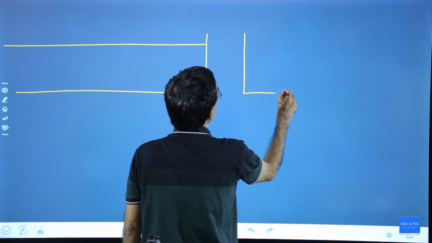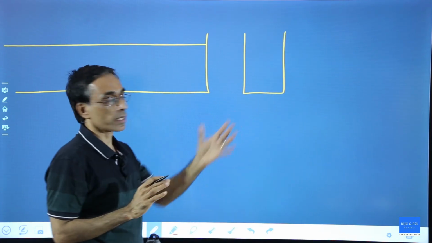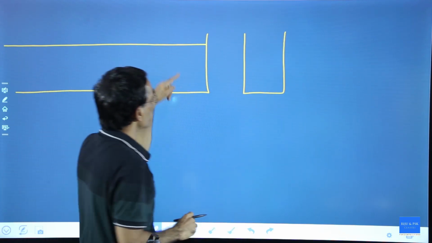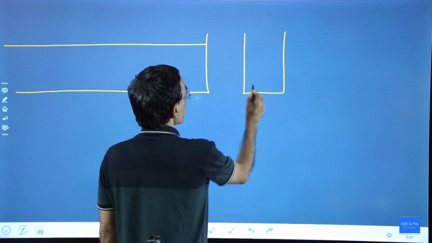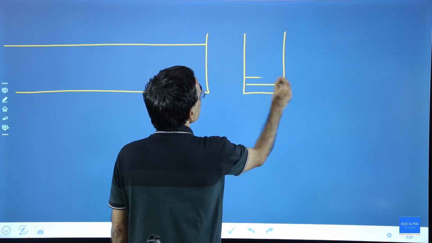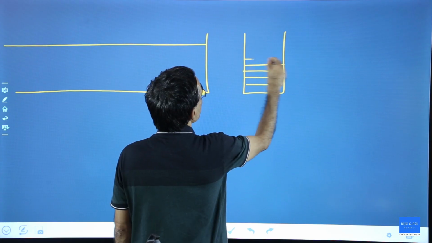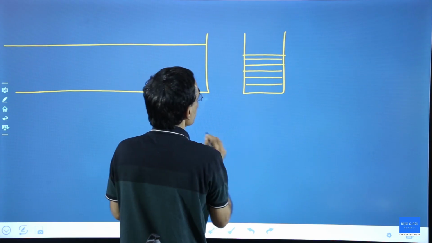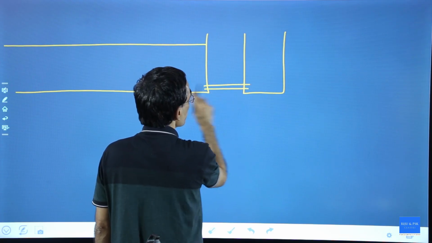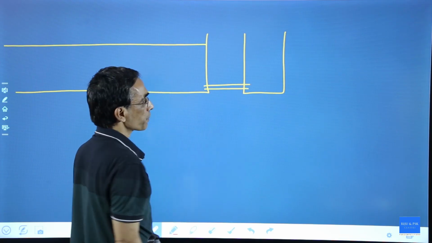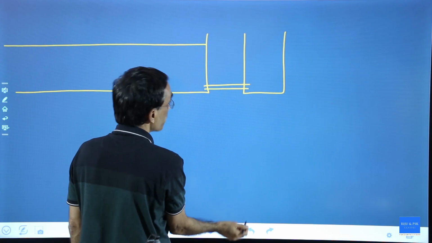Consider another small tank. This is a small tank. What will happen if you pour water into this one? Its height will increase. If you connect these two things with a pipe, what will happen?